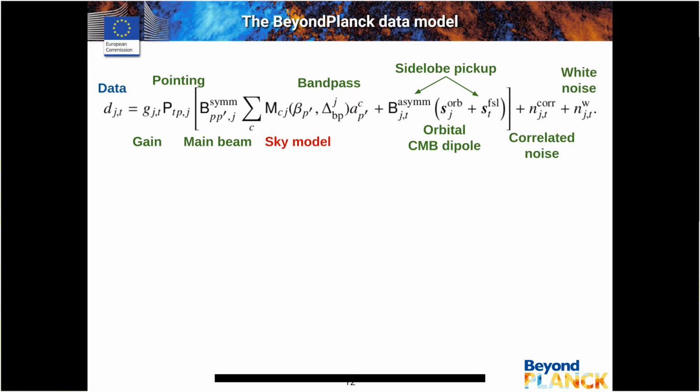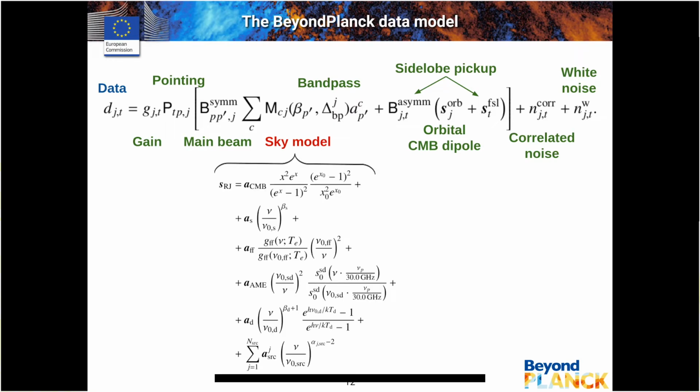So these are the various terms that went into our data model for LFI, and of course for other experiments, it is easy to generalize and extend this data model to add additional terms if they're required. So for the sky model, these were the various components that we used in our analysis of LFI.